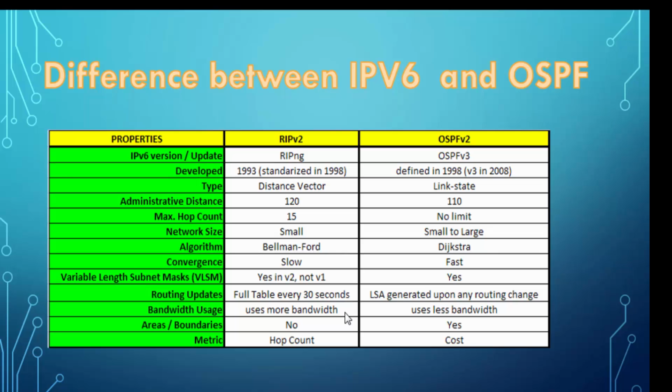The bandwidth usage, the areas or boundaries that it doesn't use. As you can see in the graph, OSPF has area 1, area 2, area 3, or whatever, and the backbone area, totally stubby, not-so-stubby, whatever, and we're going to get very deep into that in the future. The metric we were talking about is hop count, and on OSPF, we have the cost.